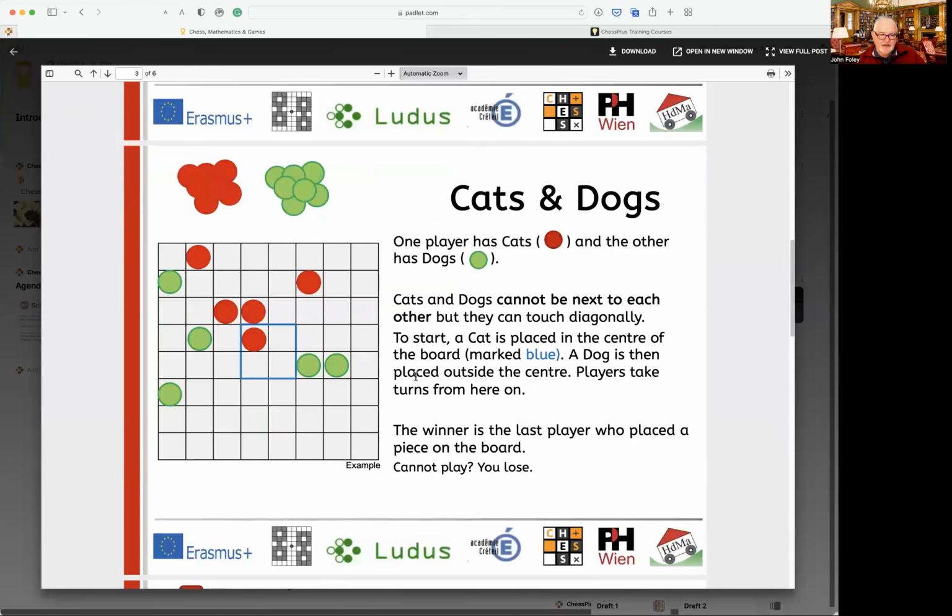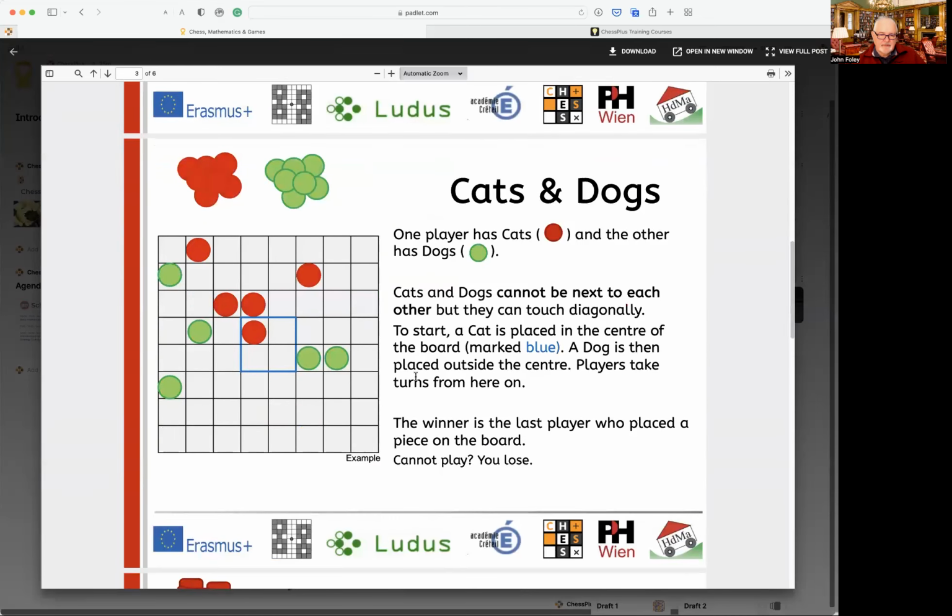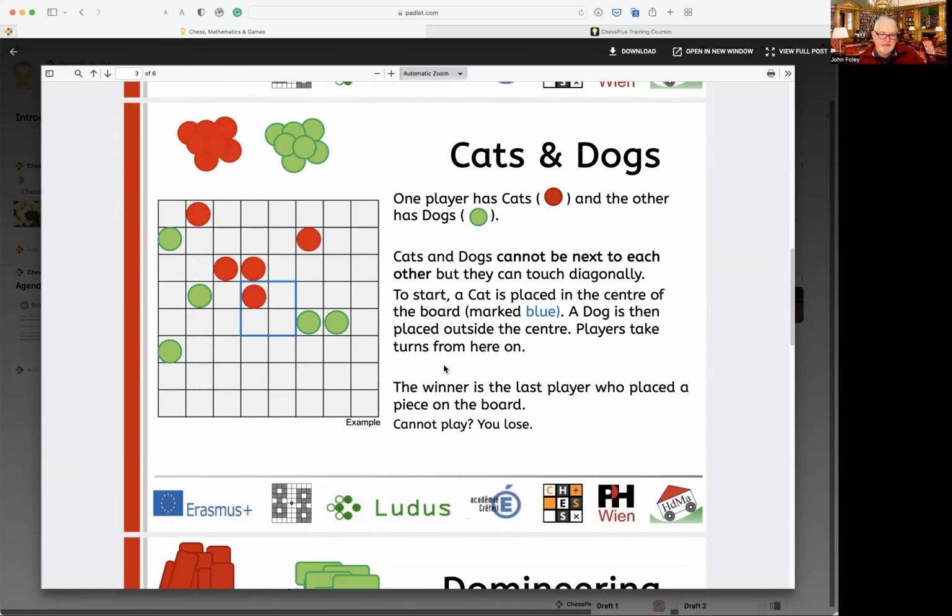Okay, so I wanted to try this game, Cats and Dogs, because this is apparently the most popular game that was played in that championship.